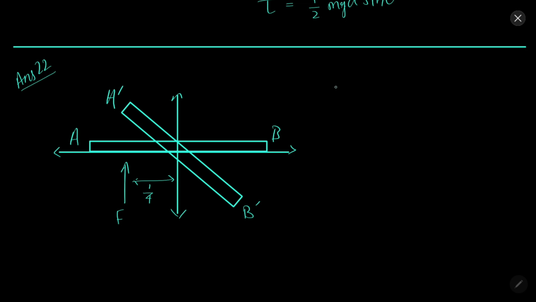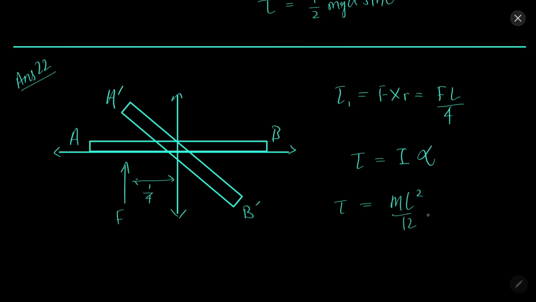So the initial torque will be F cross R, which is F times L by 4. If the rod is moving, torque can also be written as moment of inertia times angular acceleration alpha. The moment of inertia about this point for this rod is ml square by 12.